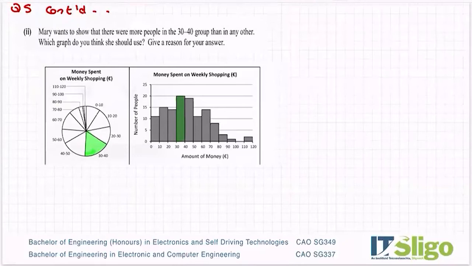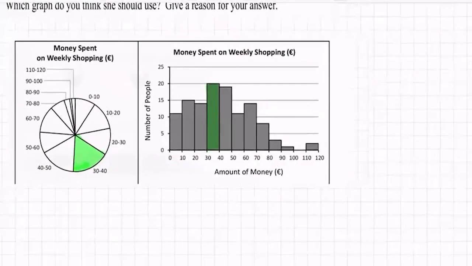Well, I think with the pie chart, it's kind of hard to see that this one is bigger than this one, because this 40 to 50 looks quite big as well. So I think they look about the same to me. So for that reason, I actually prefer the histogram to this one. And the reason I prefer the histogram is because it tells me the actual number of people on a histogram rather than the size of the angle.